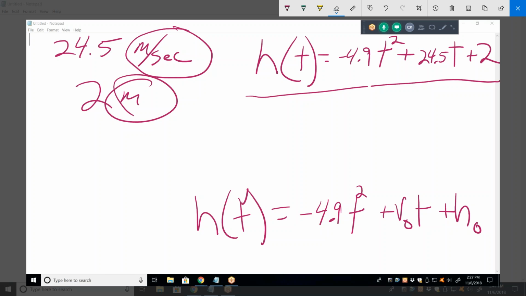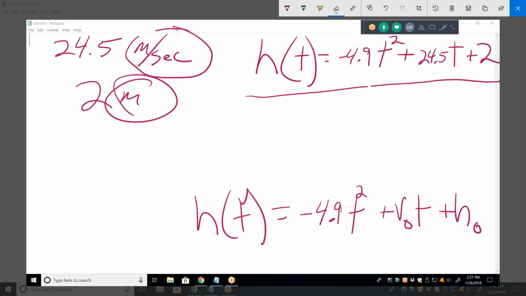If you have an example that uses meters, it will tell you whether it's 4.9 or 9.8. Almost certain it's, well, if it's in feet, then it's going to be 16. But the problem you gave me looks like meters per second.